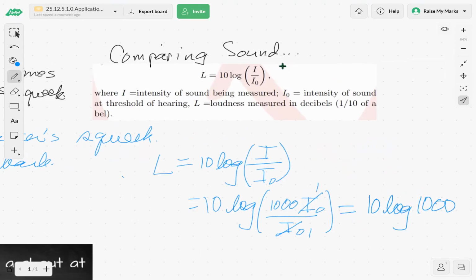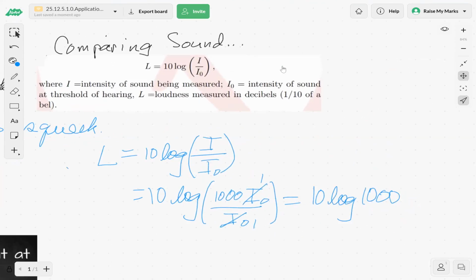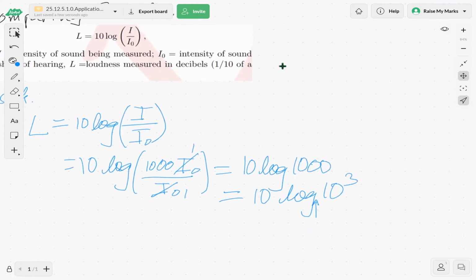So that's not so bad. So log of 1,000. 1,000 can be written as 10 to the power 3. And remember, when we don't have a base with our log, that means the base is 10. Let's use some properties of logs now. We have a 3 in the exponent, so we can bring that 3 down.